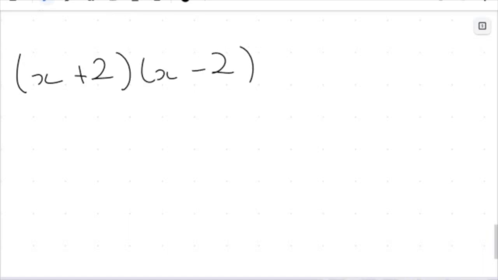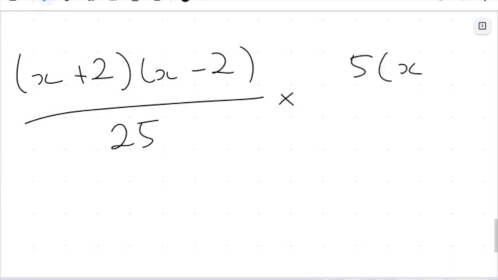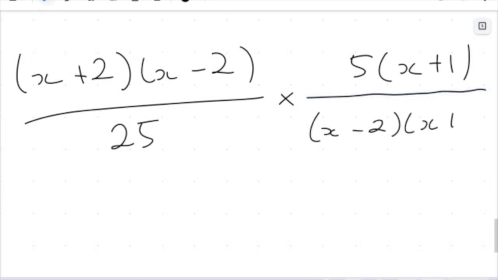So I have, instead of x squared minus 4, I have x plus 2, x minus 2 over 25, and that's getting multiplied by 5 outside of x plus 1, and over here I'm going to get x minus 2, x plus 1.